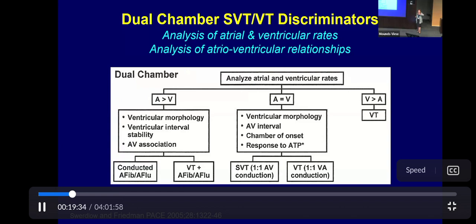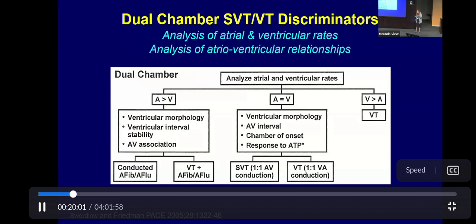You could have atrial tachycardia or atrial fibrillation in the atrium, and then ventricular tachycardia in the ventricle. So it looks at that association to decide whether it's conducted AFib versus a dual ventricular tachycardia and underlying atrial rhythm. The harder one sometimes can be with the atrial rate equal to the ventricular rate.